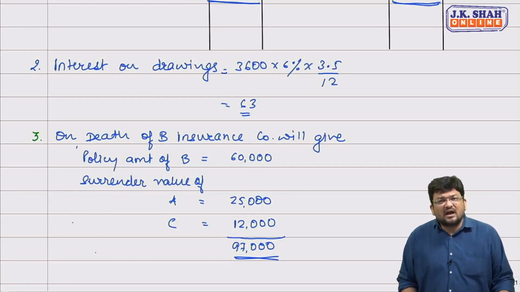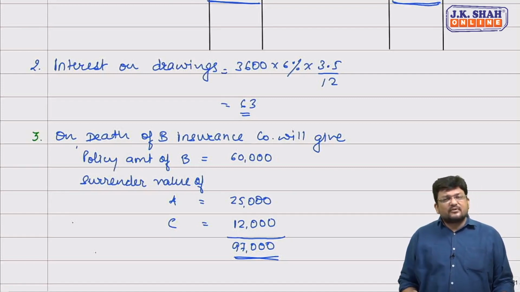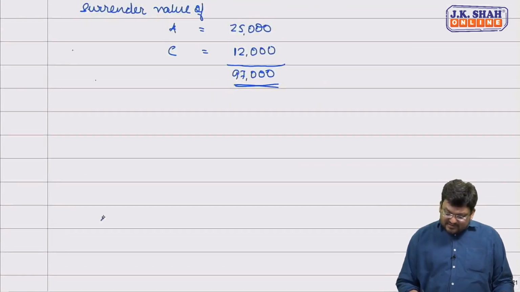Sir, if it's unrecorded asset, if its book value is 0, whatever we receive from insurance company is our profit? Yes, sir. So this entire 97,000 is our profit. And in this profit of 97,000, we are supposed to calculate B's share.